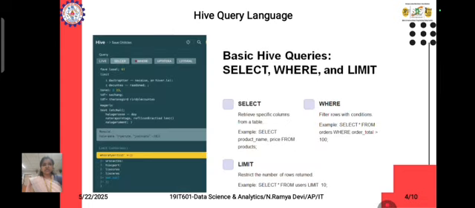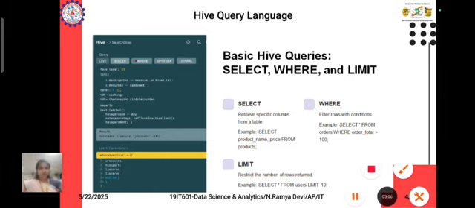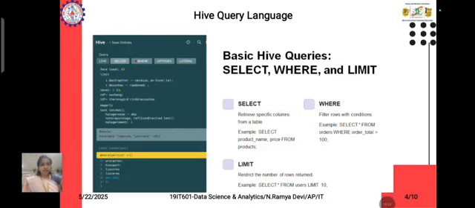Here we use select, where and limit like your SQL queries. Select is used the same as in SQL, selecting some fields from a table, where is given as a condition, and we can limit the number of rows extracted from your Hadoop data system.